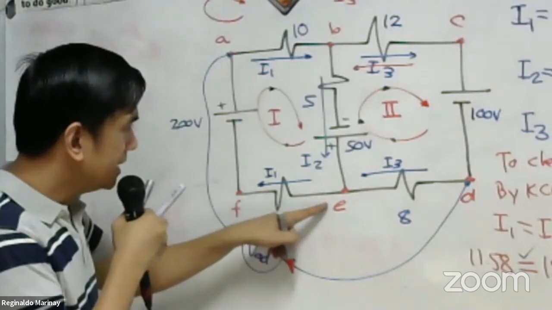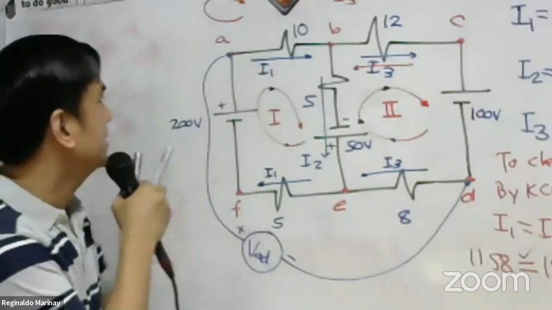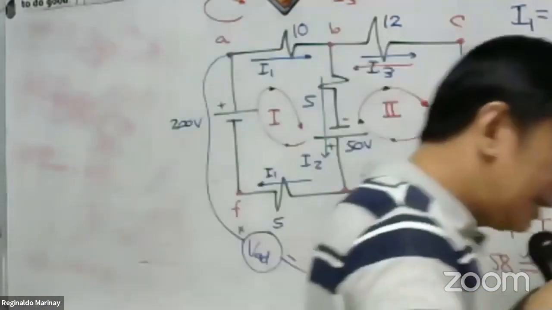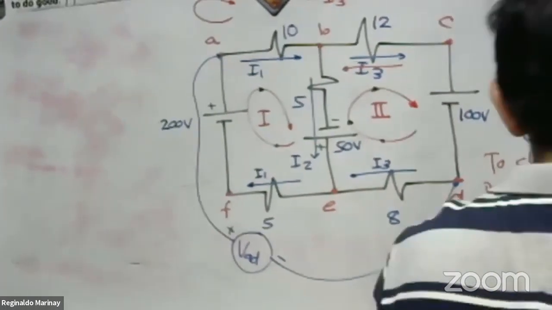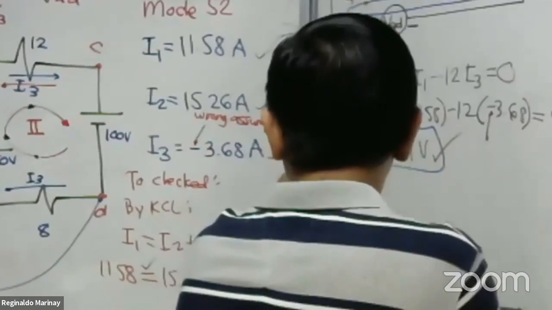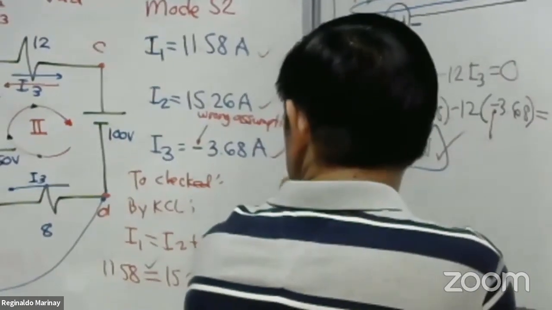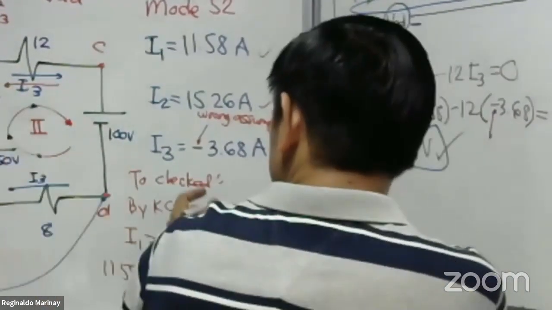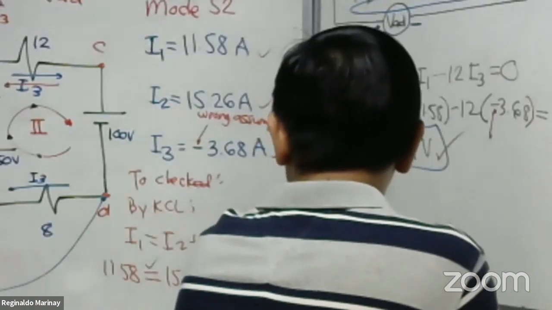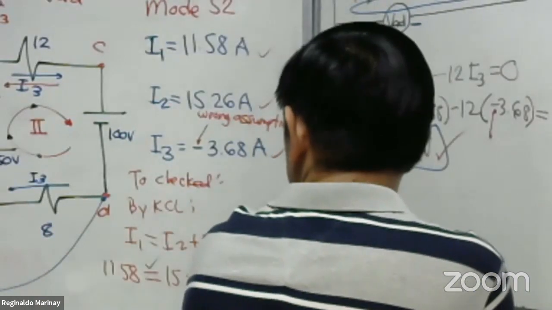I will make again a complete loop considering the downstream. A, F, E, D, I mean. Okay. So, let us consider our point A here. Okay, I will just draw the circuit. A is connected to the positive of the 200 volt source.